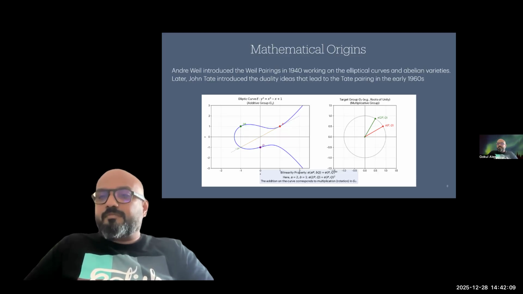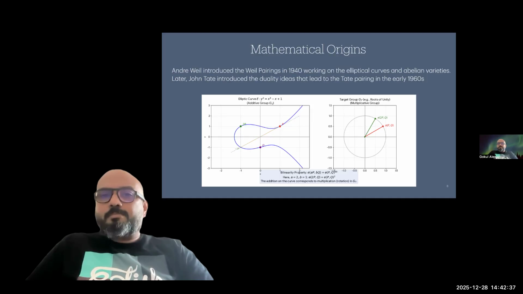This is where we are looking at bilinear pairings in elliptic curves. He introduced the Weil pairing in 1940, working on elliptic curves and abelian varieties. Later, in the early 1960s, John Tate introduced the duality ideas that led to the Tate pairings.